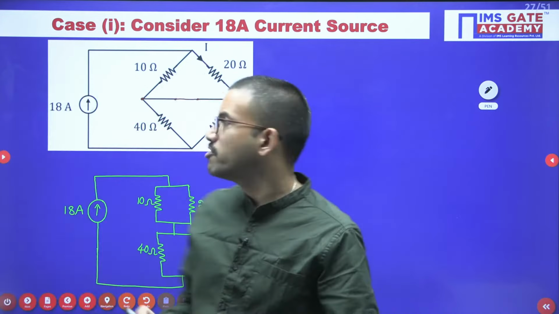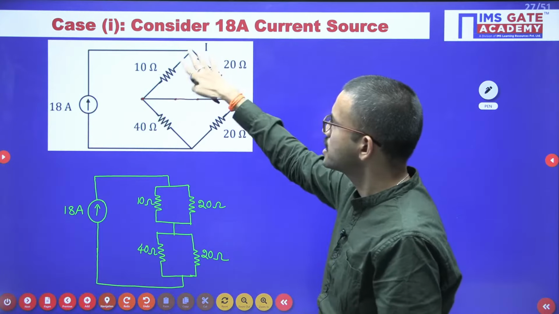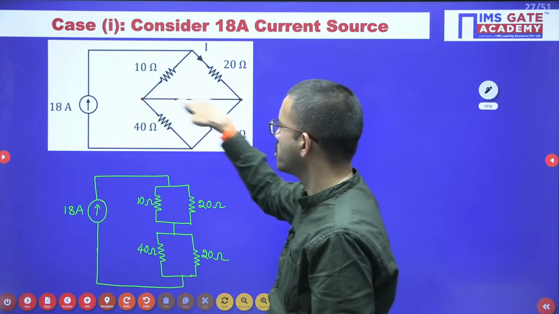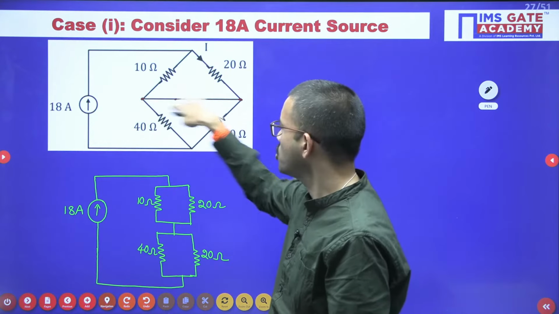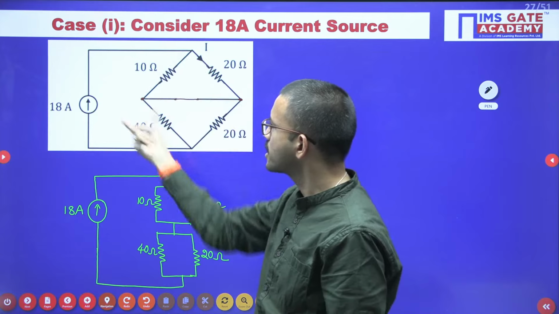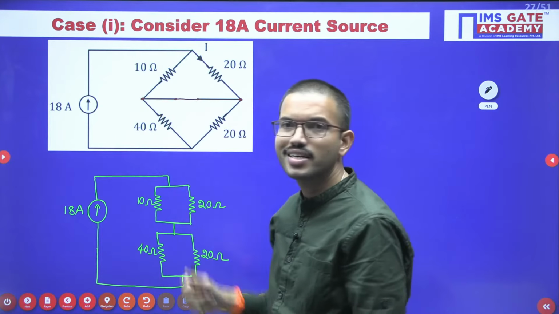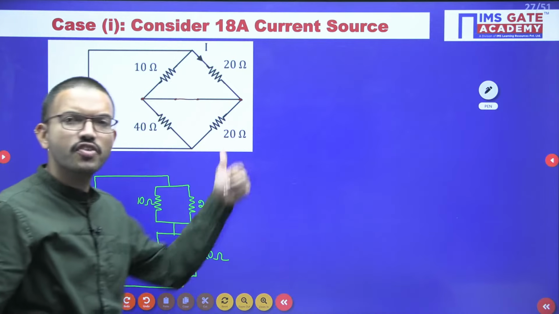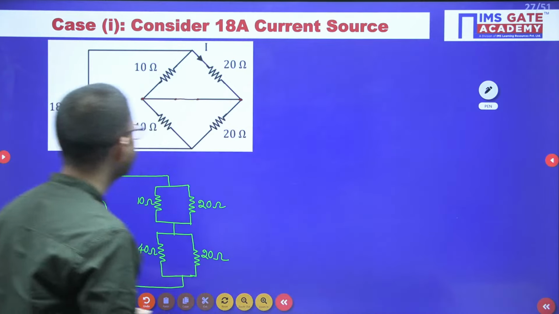Now all of you please respond, whatever the given circuit, by considering case 1. In case 1 we have considered only current source, the other voltage source we have made short. The moment you have made short, now I have drawn the equivalent circuit like this. Please respond whether this is the equivalent circuit for the above circuit or not.